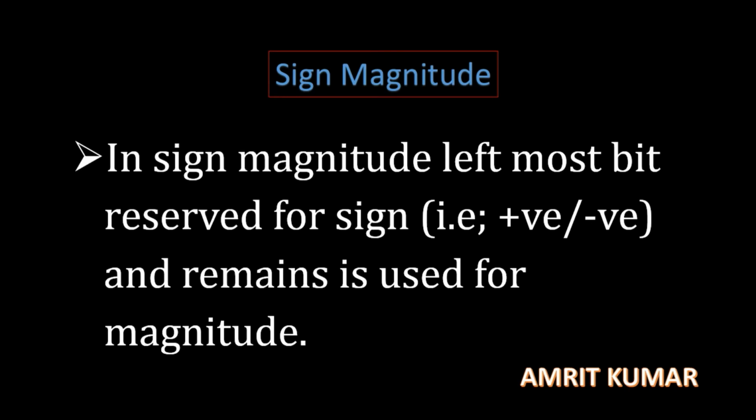So in sign magnitude, the leftmost bit is reserved for the sign and the remainder is used for the magnitude, together with the value.